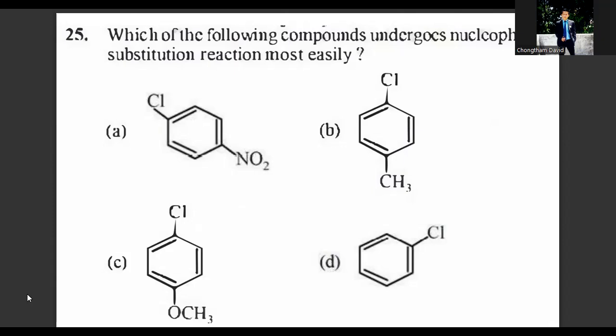So when we compare the structures of the carbanions, this carbanion 1 from chlorobenzene, and 2 from chlorobenzene containing an electron withdrawing group, and 3, let me call it here 3, from chlorobenzene containing ERG, you can find that the EWG activates the SN reaction.